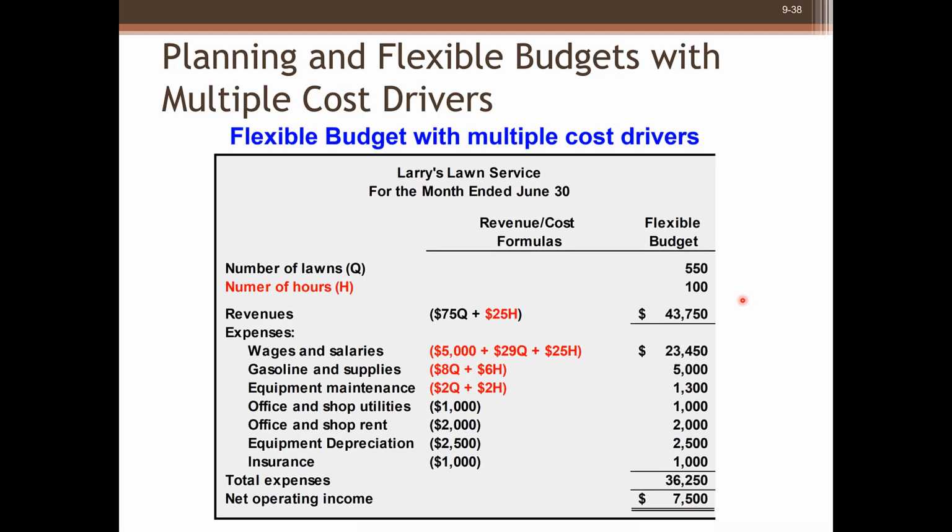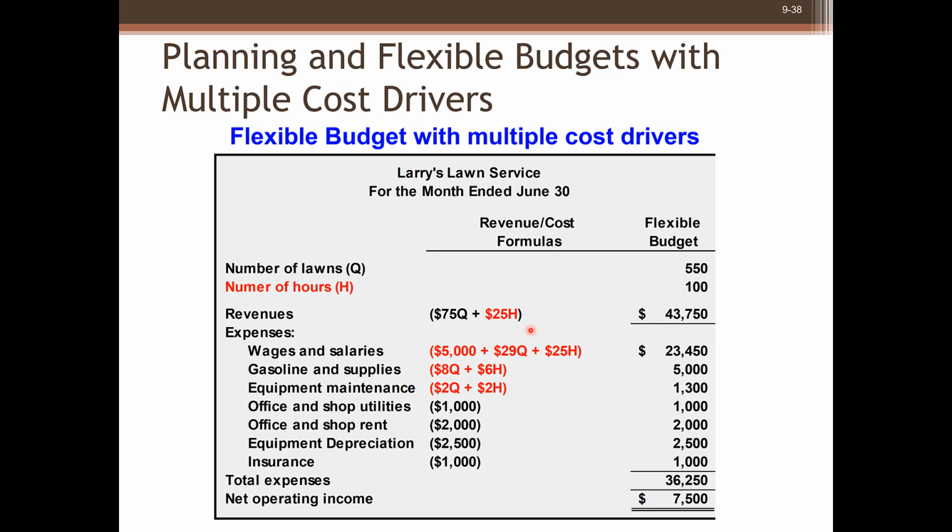Moving on to flexible budget with two cost drivers. The flexible budget is based on actual level of activity. Here, 550 lawns mowed with 100 hours spent on edging and trimming.